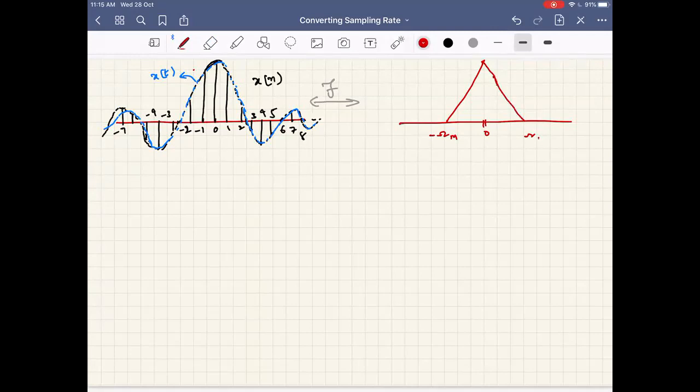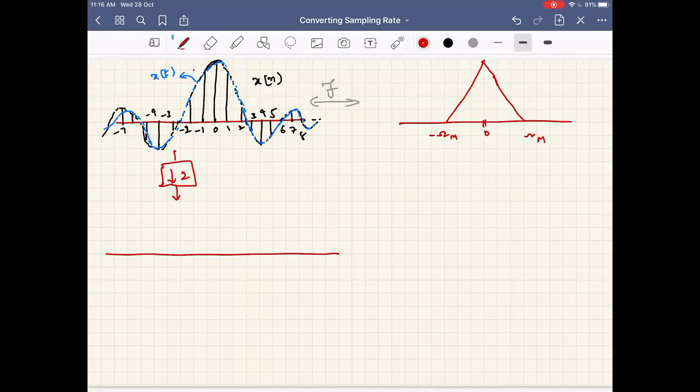Now what we want to do is see the implication of downsampling and upsampling. If I downsample this signal, what am I doing? I am trying to take a lesser number of samples.